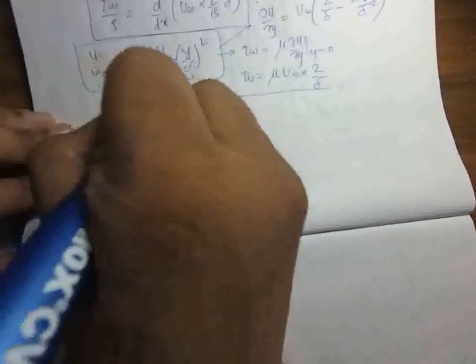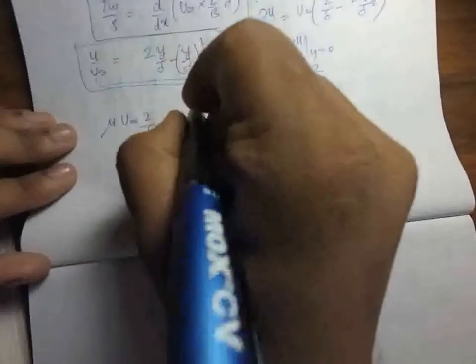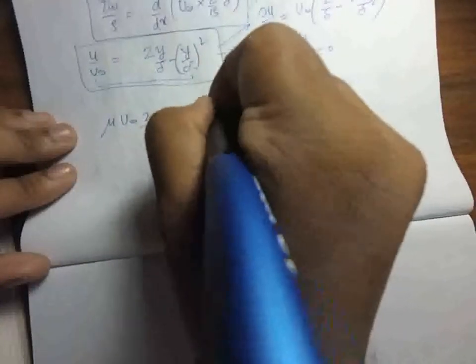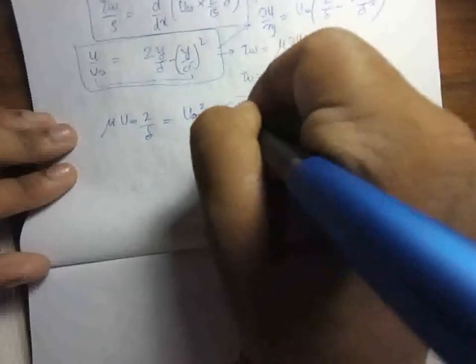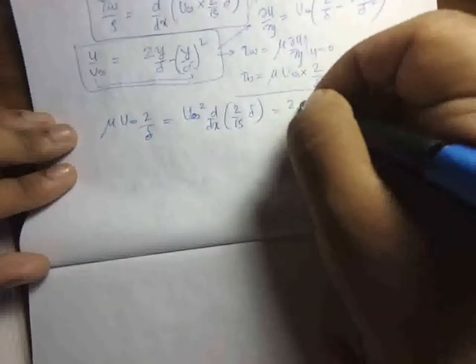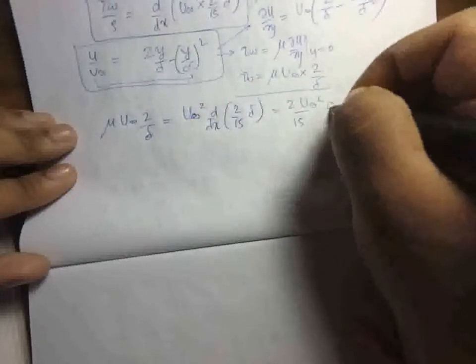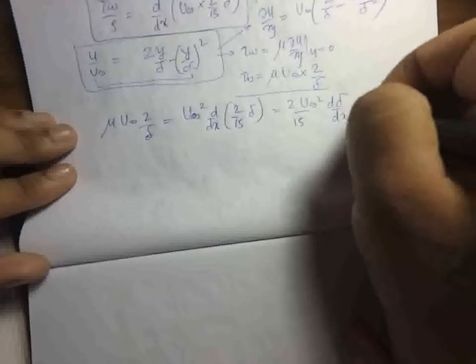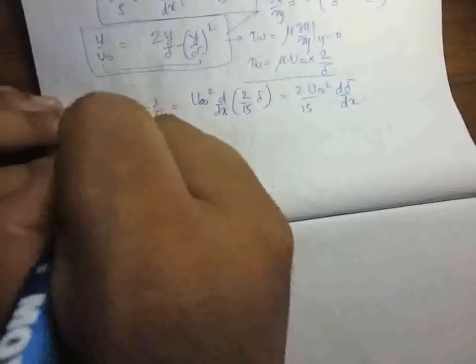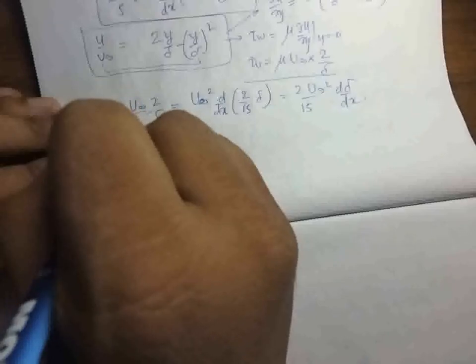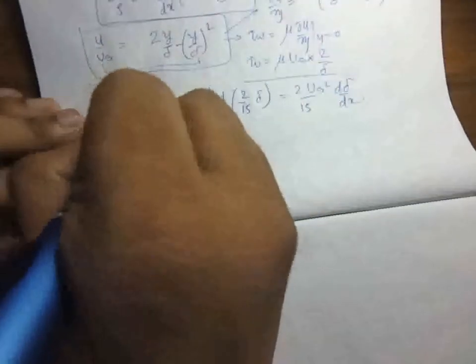So let's write down this particular equation when we have substituted the wall shear stress from this particular equation. So mu u infinity 2 by delta is equal to u infinity square ddx of 2 by 15 times delta. There is nothing but 2 u infinity square by 15 d delta dx. So this is tau wall by rho.